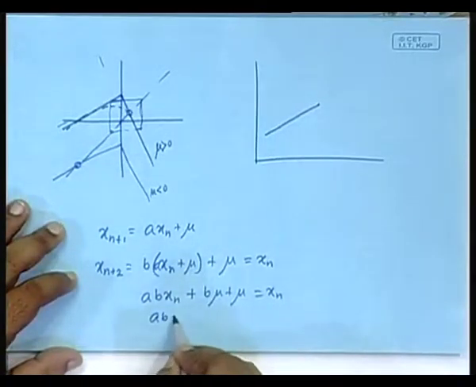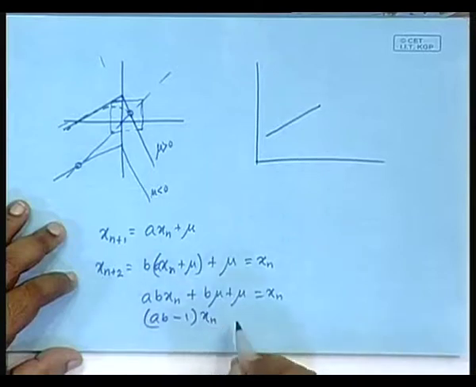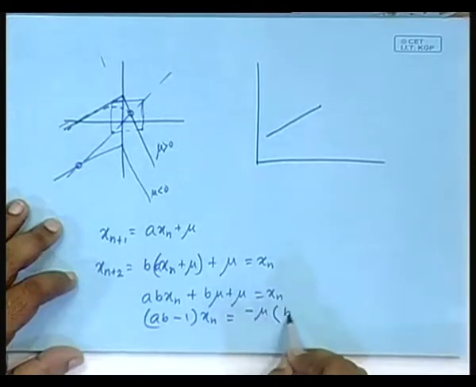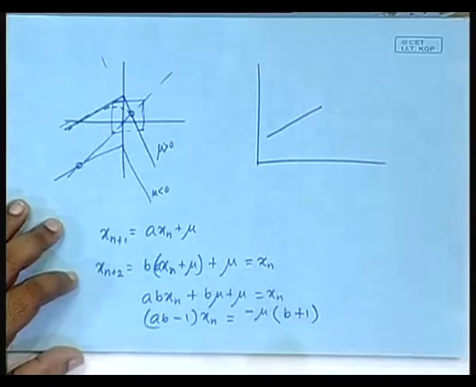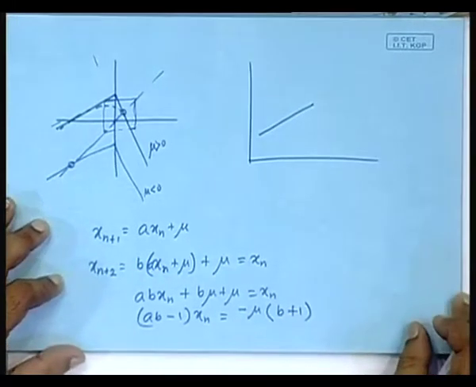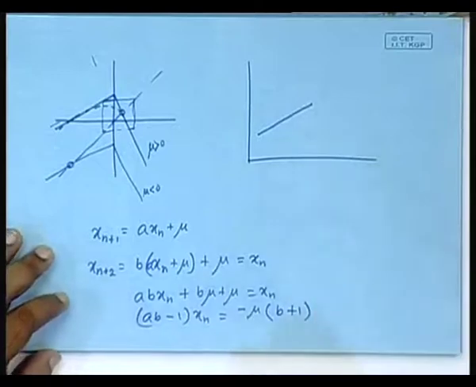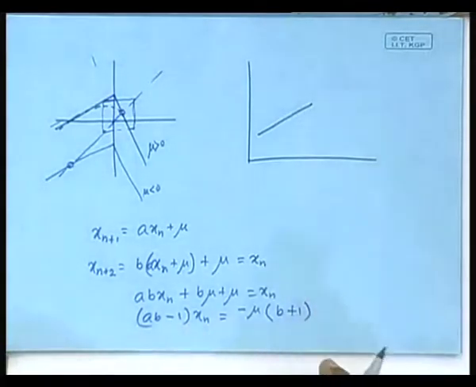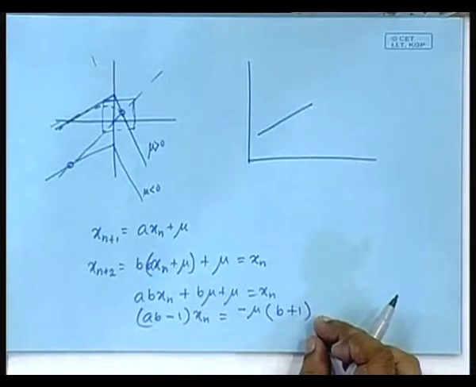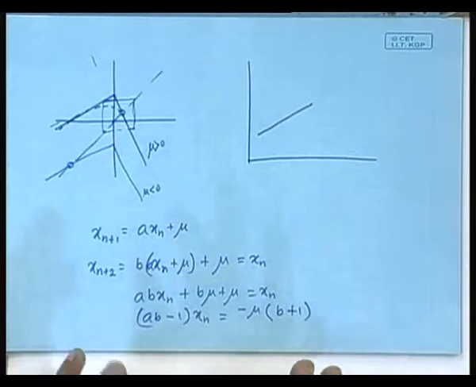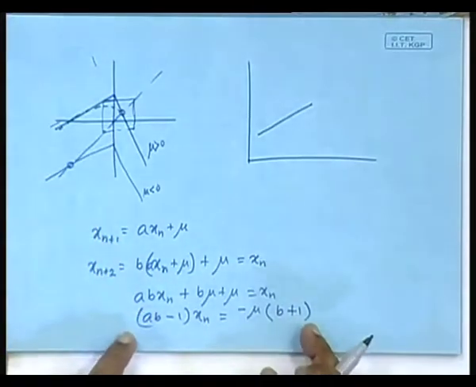A b minus 1 x n is equal to minus mu times b plus 1, right. So, we have the position x n given, and let us see what is the condition we are getting. Okay, this is the condition under which it will occur. You might simplify it later, but I am just showing you the way to obtain the condition for the occurrence of this.